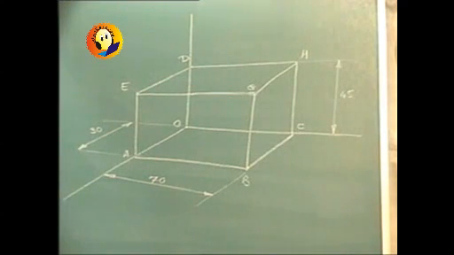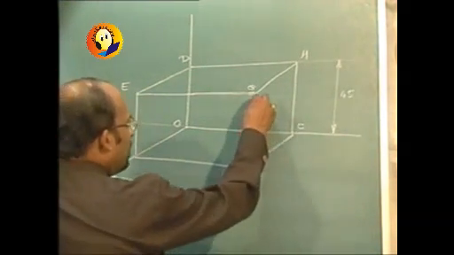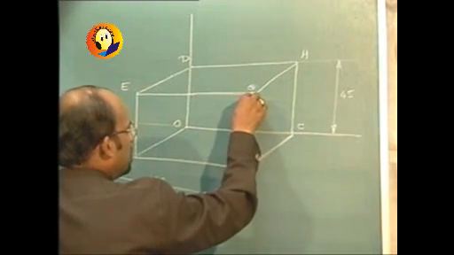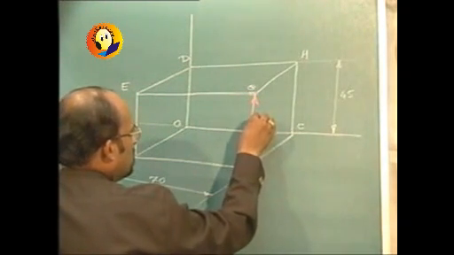So the dimensions are given to us, and we are given a few forces which are acting. There is a force acting in this direction of some 100 newtons.